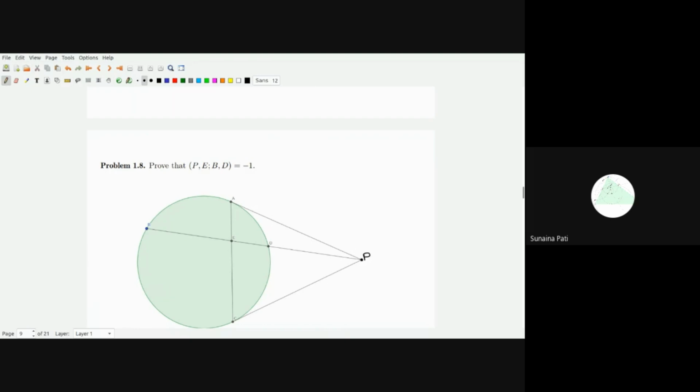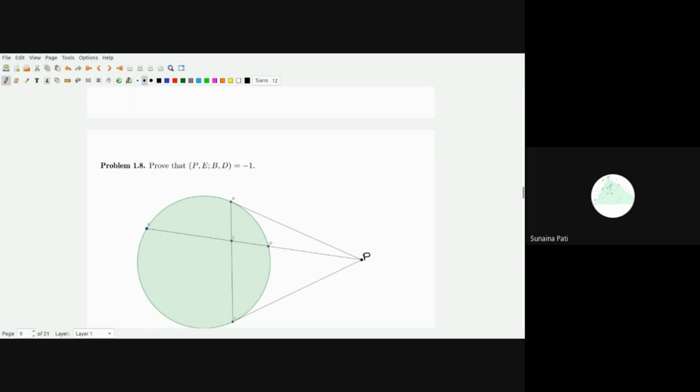Okay, Ravi said BEDP, is EBDP harmonic. We can project that harmonic chord and just get that.